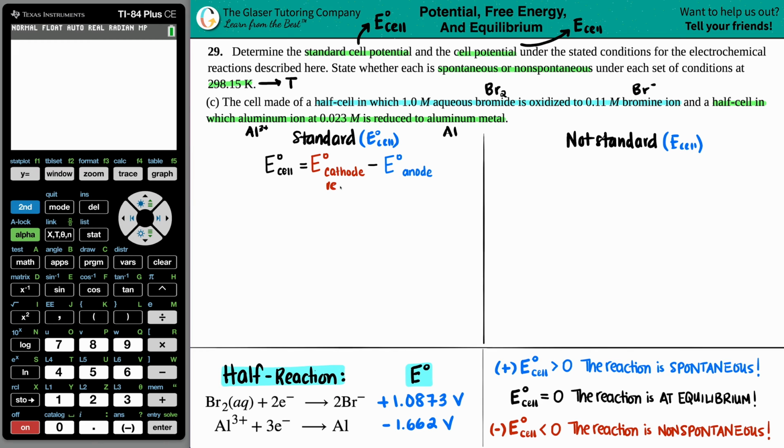Red cat means that the cathode is always reduction, or something is being reduced. There's that red cat, red and then cat. And then vice versa, we have oxidation happening at the anode. So that's an ox. So maybe that helps us. When they were talking about the bromine, they said that it was oxidized.